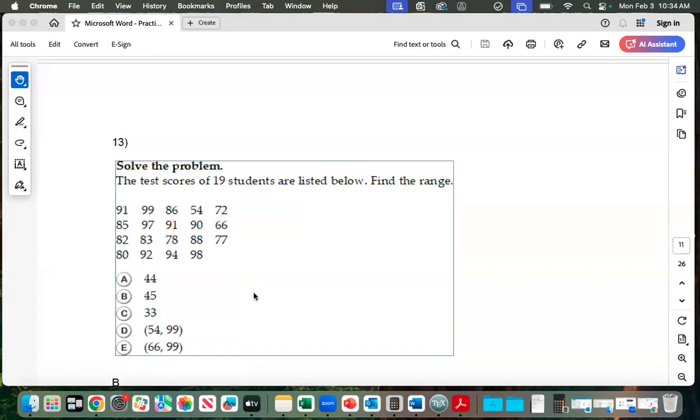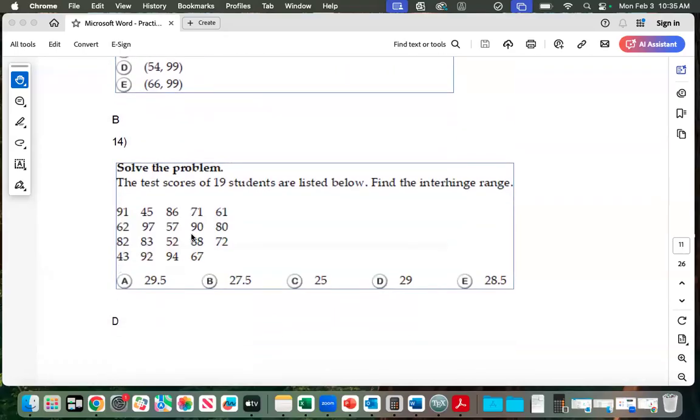So what is 99 minus 54? 45. So you see that is B. However, you can still use StatCrunch, but if you know the formula for the range, you save time than to go input all this into StatCrunch and compute that. So you just have to be able to decide on what to do.